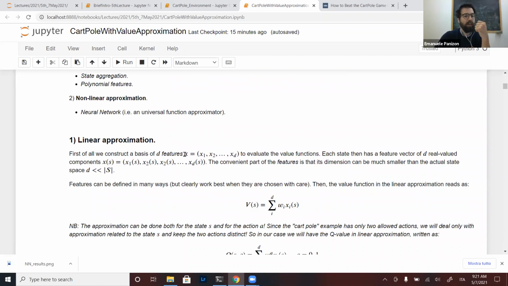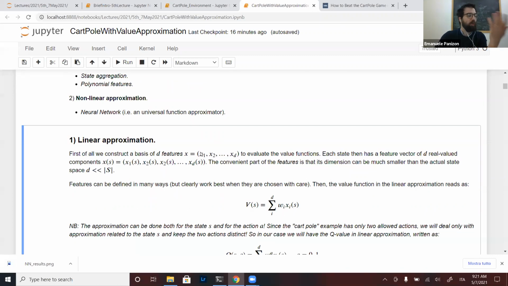The features are, in a sense, different properties of the state. The features will live in a different space with dimension D, and will be real numbers of dimension D. So for each state, I will have D real values, which correspond to the feature components of that state. This seems complex, but it can be understood in a very simple way.